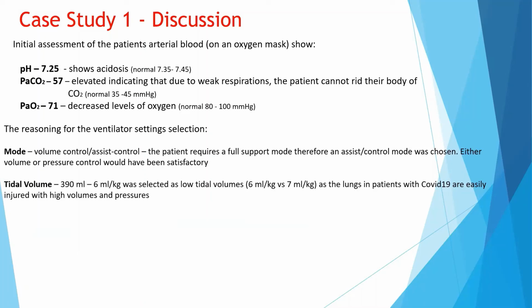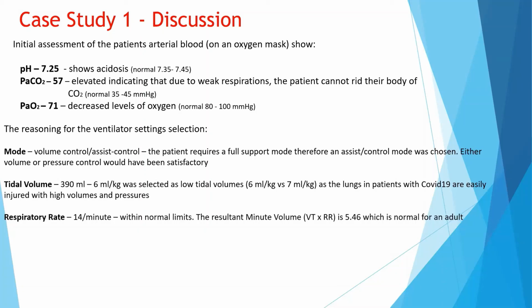The normal is usually 6 to 7 mils per kilogram, but patients who have COVID-19, their lungs are easily injured with high volumes or high pressure, so 6 mils per kilo was chosen and multiplied by his weight gives us 319 milliliters. The respiratory rate was set at 14.